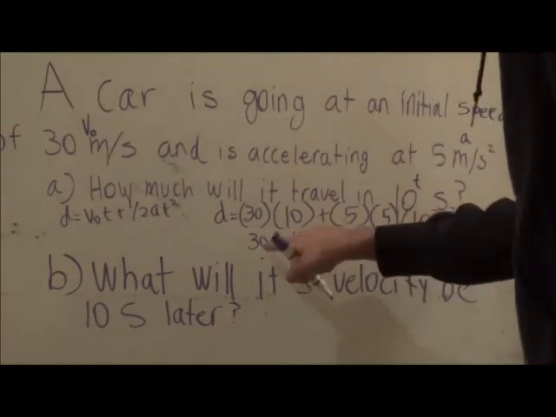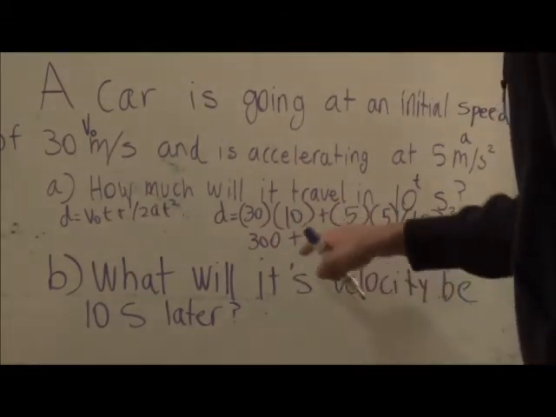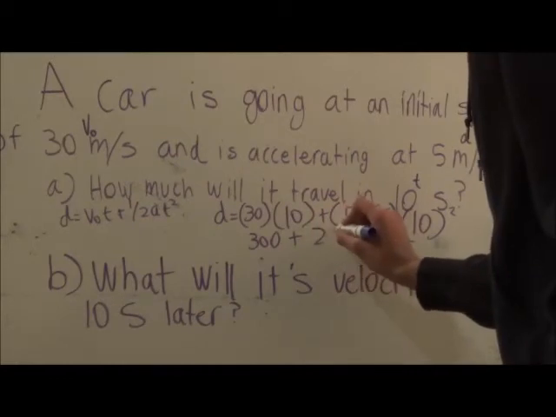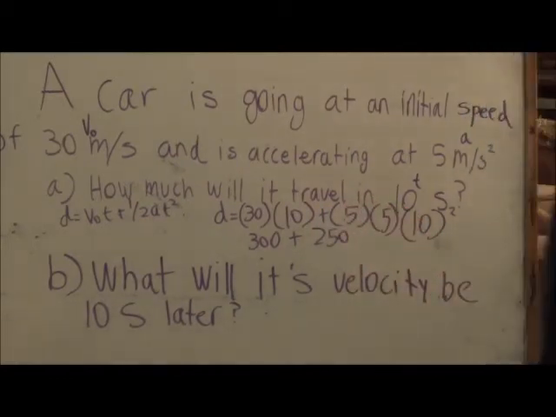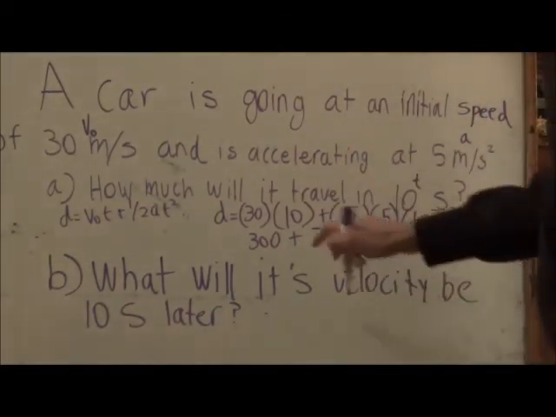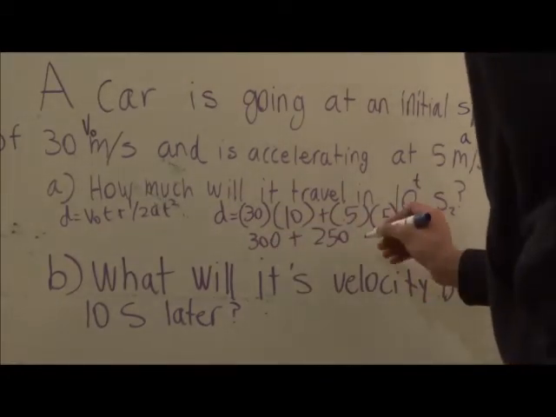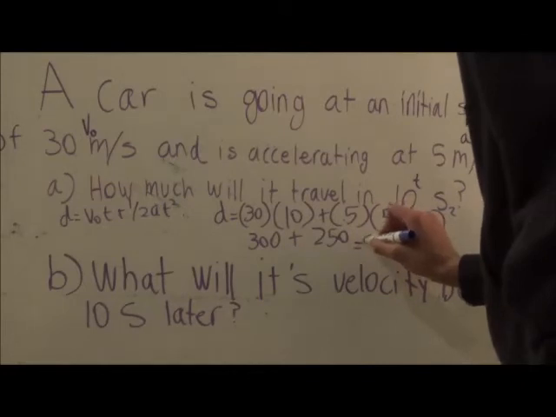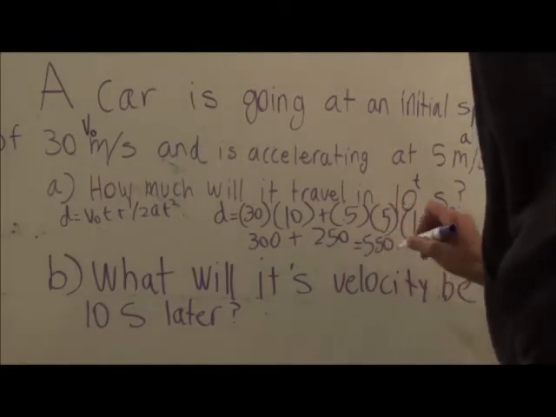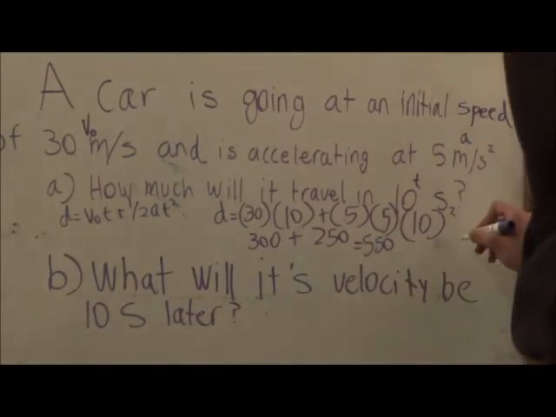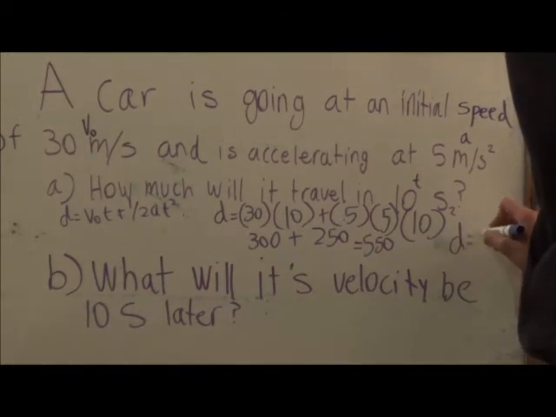So 300 from 30 times 10, plus 250. 300 plus 250 equals 550. So my answer becomes D equals 550 meters.